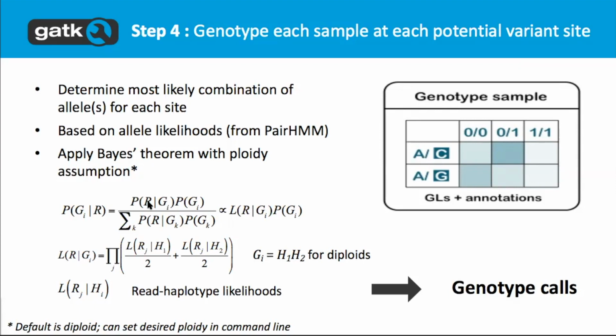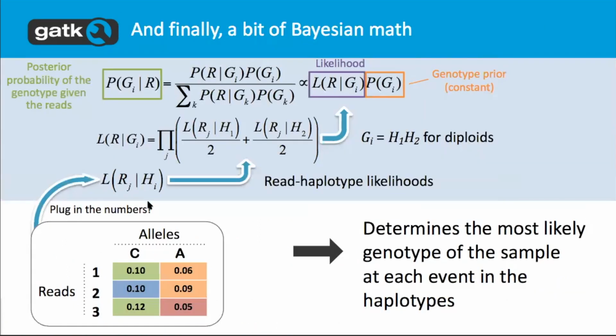And that ultimately is what will allow us to make a decision about the genotype call and say, this person is heterozygous AC at this site. Okay. More details of the Bayesian math, and if you're interested, I'm happy to go over that at the break, but usually that's not something that everybody wants to know, and that's fine.